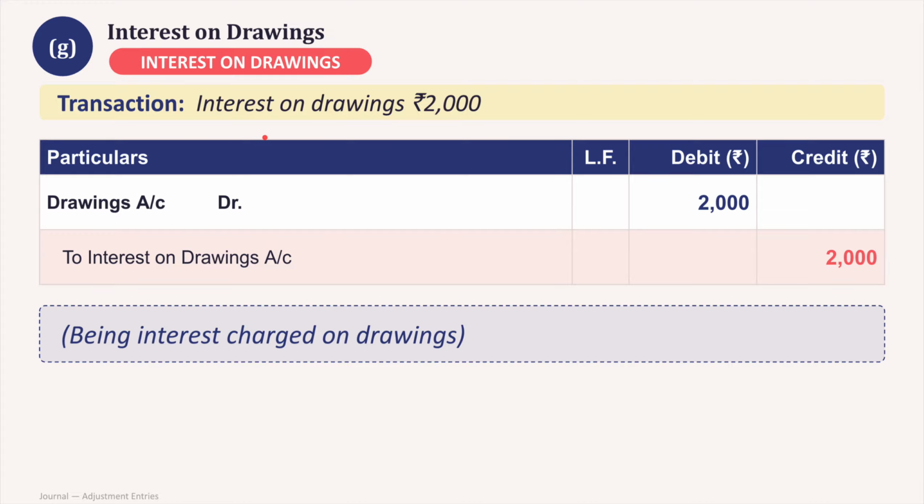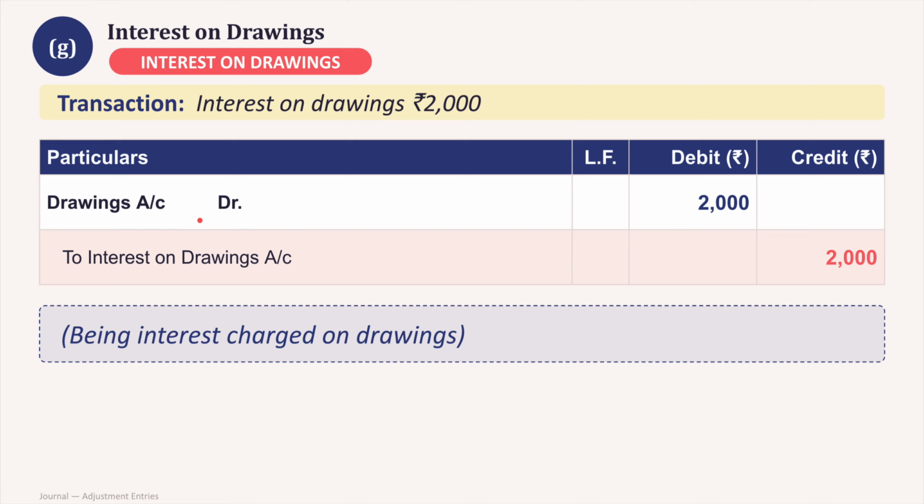Next, interest on drawings. Okay. Now this proprietor or owner, whoever it is, they are drawing money from the company. They are supposed to pay some interest, right? So that interest is nothing but an income to the company. Okay.